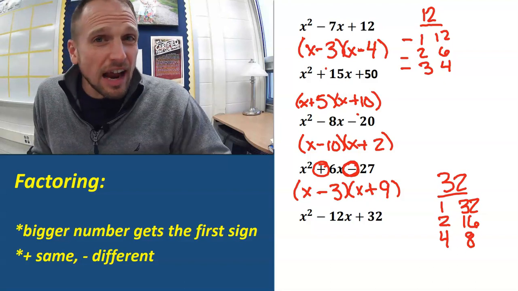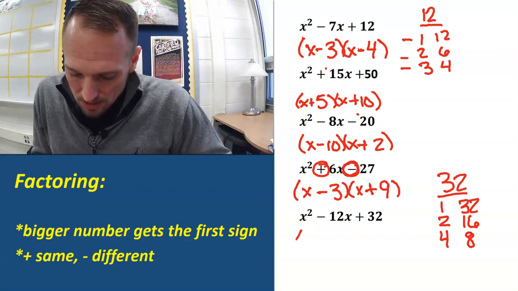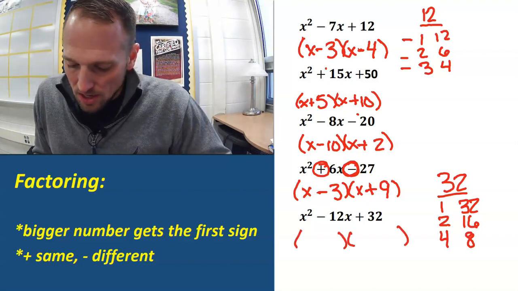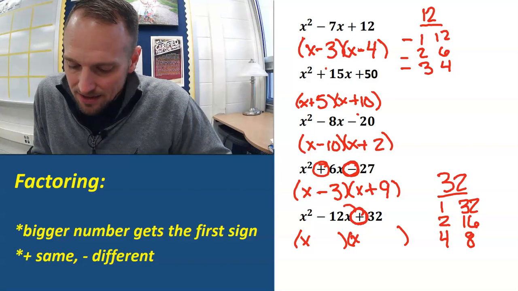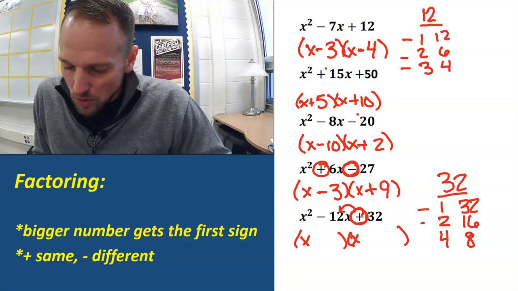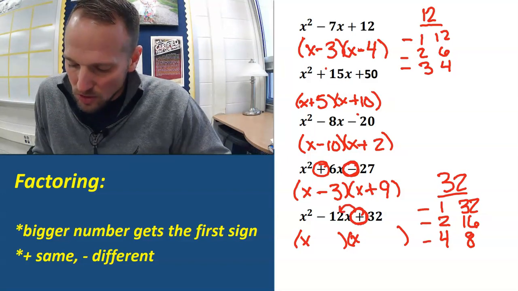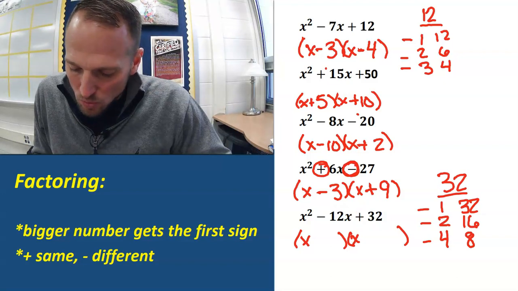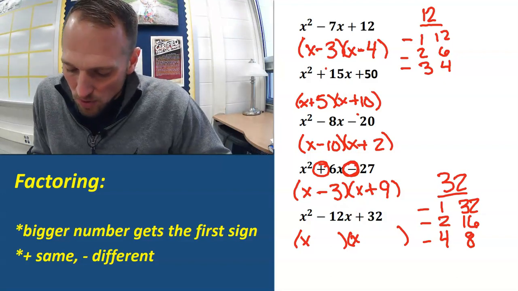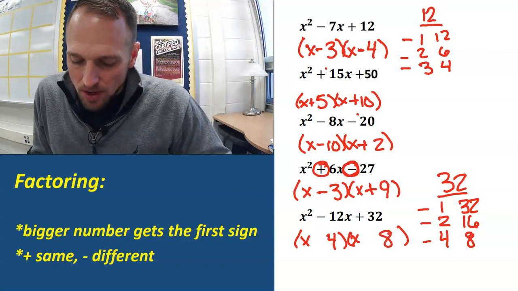And that is actually going to be it. So let's go ahead and put our x's in. Now I need numbers that add to get 12. So which pair of those will add to get 12? The 4 and the 8. 4 and 8. All right, next step.